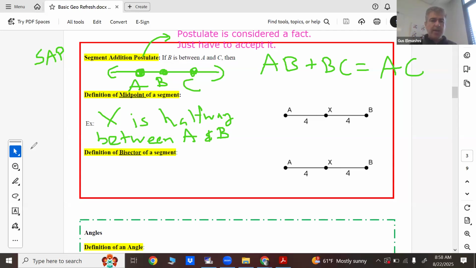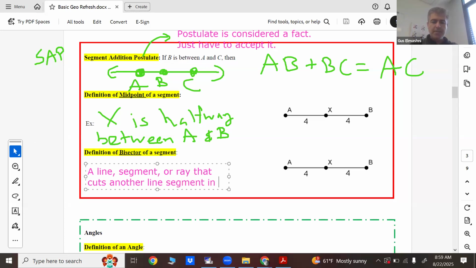Bisector is usually a line, segment, or ray that cuts another line segment in half.